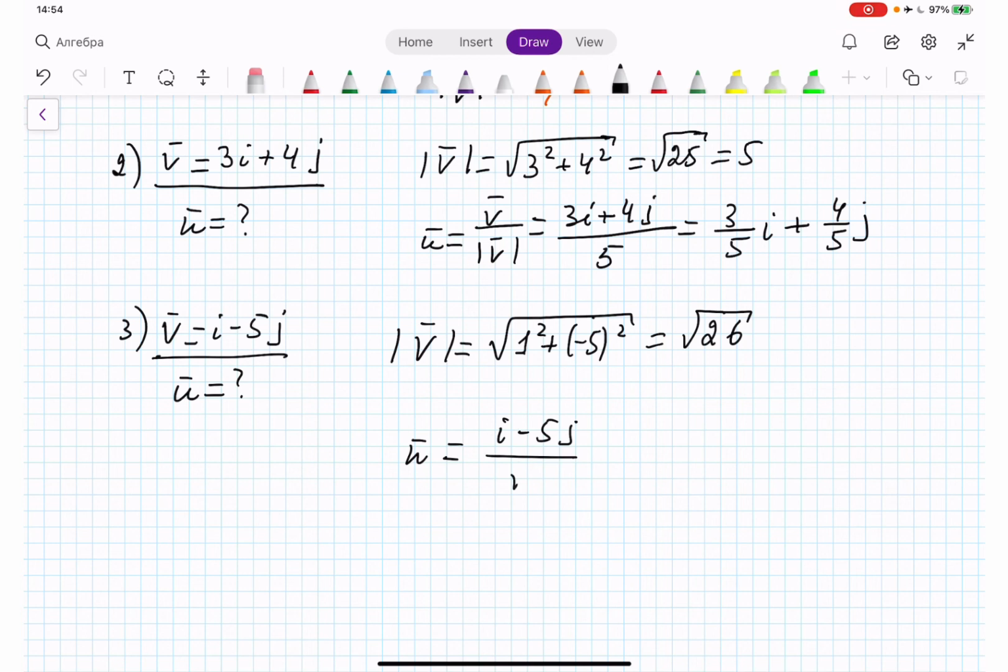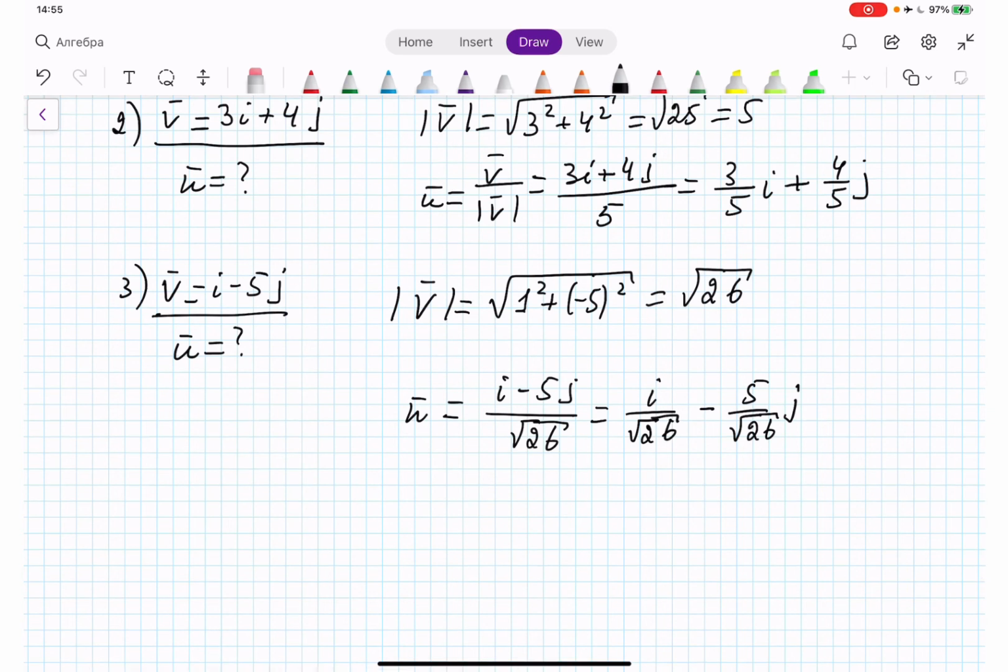divided by the square root of 26. This is equal to i over square root of 26 minus 5 over square root of 26 j. Since we cannot have a radical in the denominator, we are going to rationalize, which means what we are going to do.